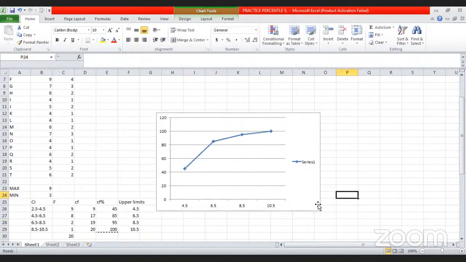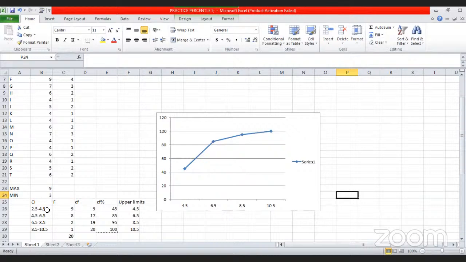So I got it, here, the Ogive. An Ogive should start from the origin, but in Excel, it is not possible, I think. So it starts from the first range. You can see here the scores are plotted at 4.5, 6.5, 8.5, and 10.5. These are the upper limits.